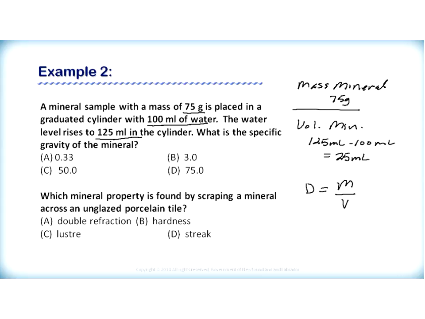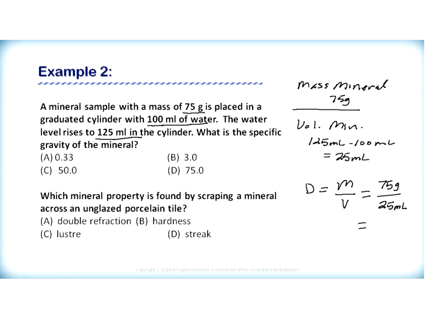So if we want to find density, density equals the mass of your mineral sample divided by the volume of your mineral sample. And in core lab number 4, we recognize that volume of the mineral sample is also equal to the mass of an equal volume of water. So for this case, we can see that 75 grams divided by 25 milliliters, but we notice that 1 milliliter equals 1 gram, so this would be the same as saying grams.